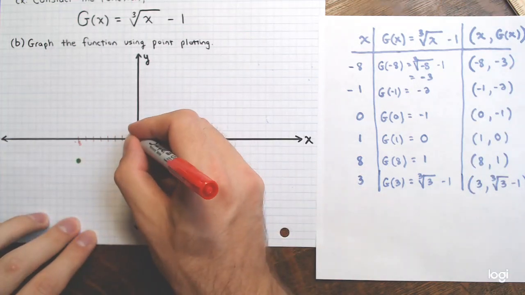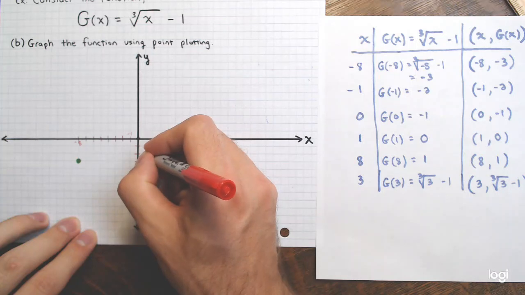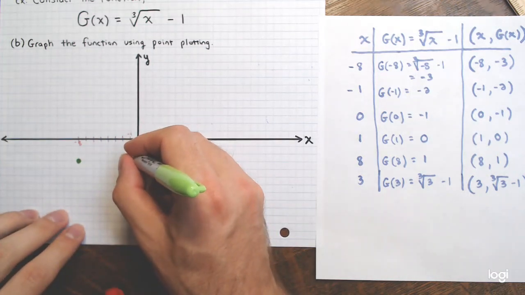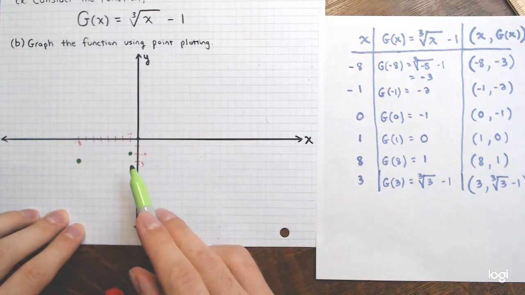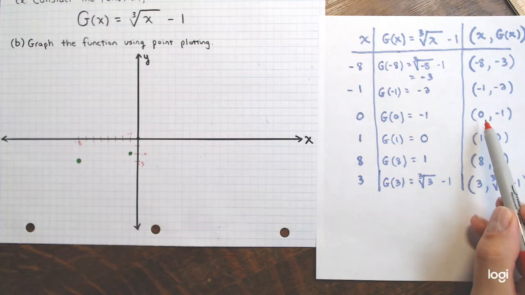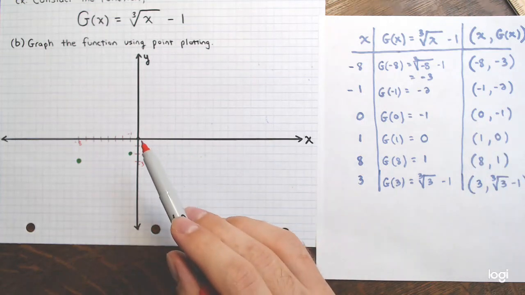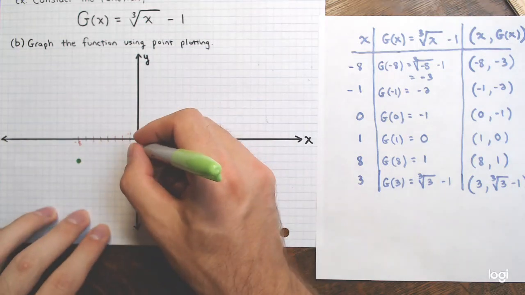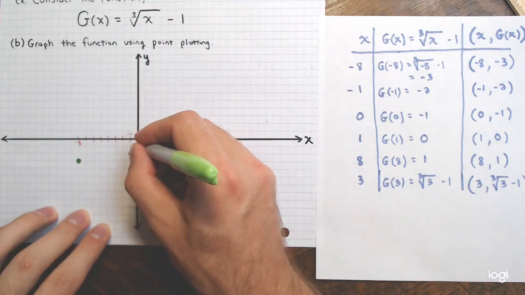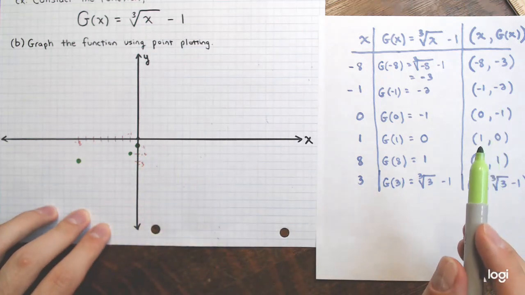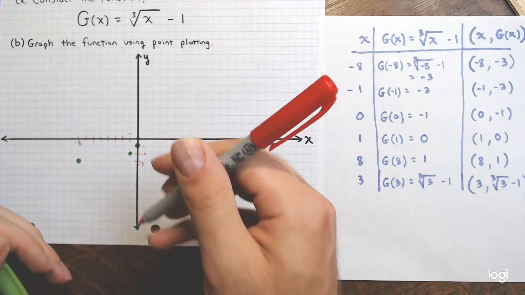Then I have -1, input, -2 output. That's this location here. All right. Then I have 0 input, -1 output. So 0, -1. That's a y-intercept, right? It's on the y-axis. Got an x-coordinate of 0. Then I have 1, 0, an x-intercept.